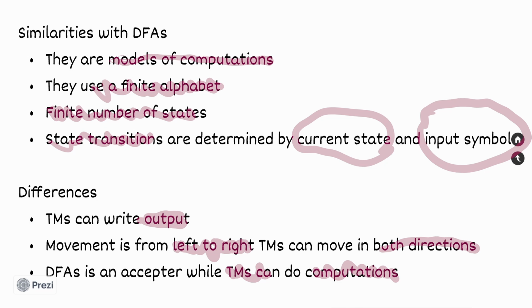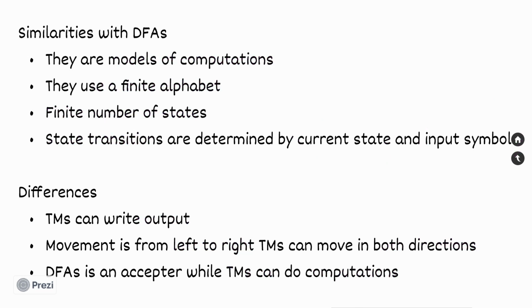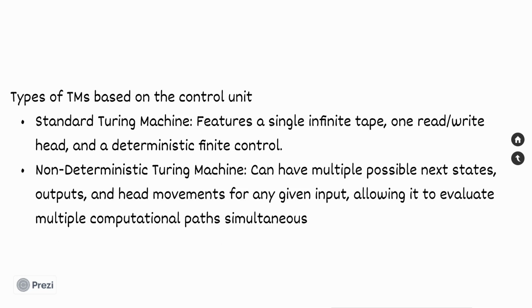Now, based on these similarities, there is the standard Turing machine, which is very similar to a deterministic finite automaton in terms of the control program.